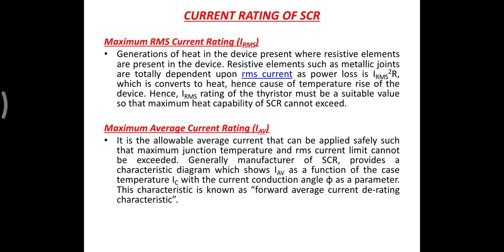The characteristic is known as the forward average current or derating characteristic. Generally this average current also depends on temperature; with increasing average current the temperature is also increased. So we have to consider this average current rating with respect to temperature.